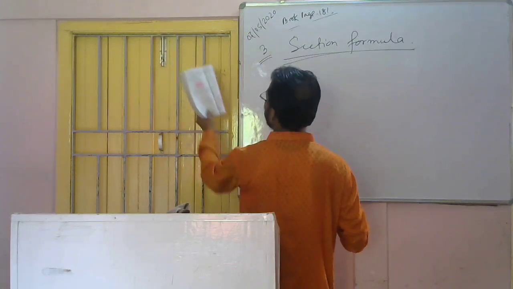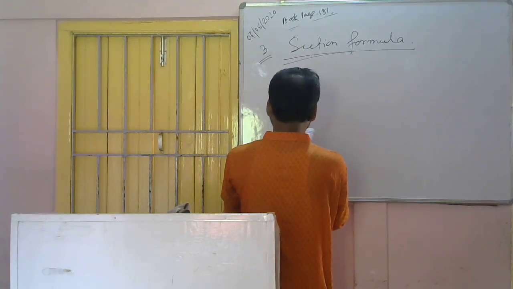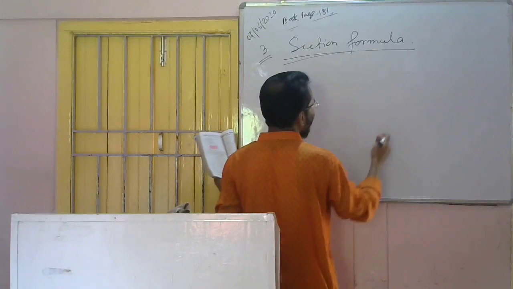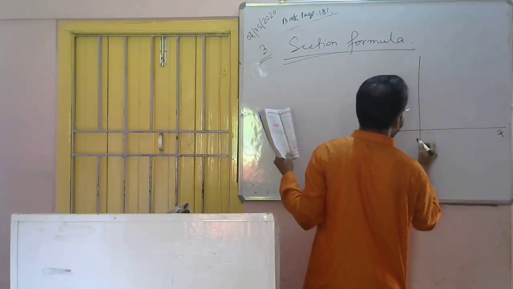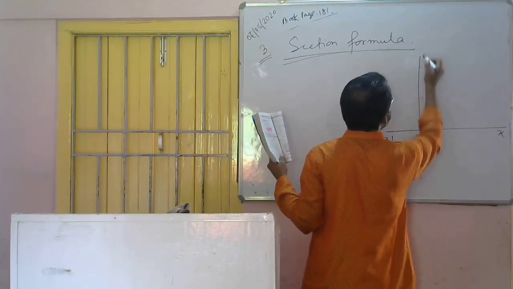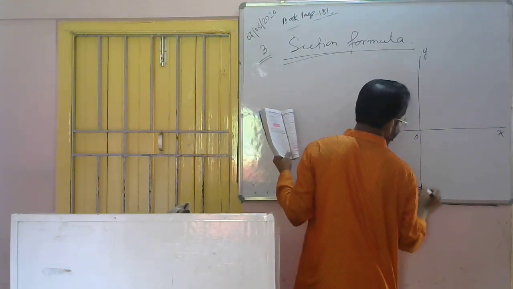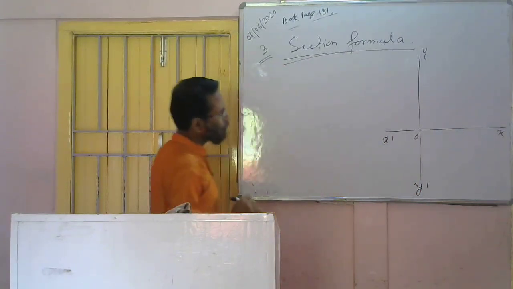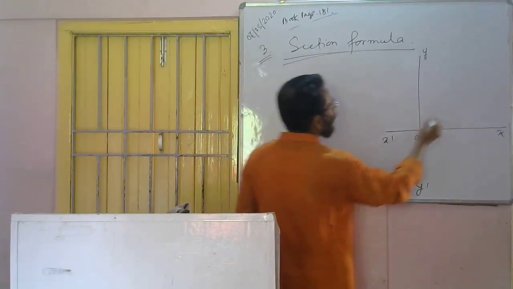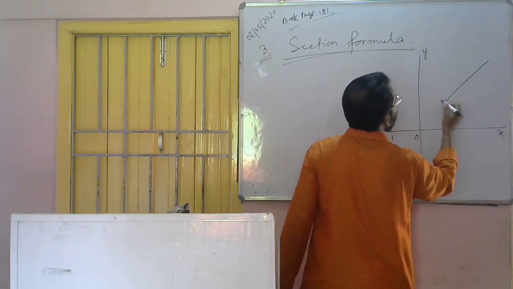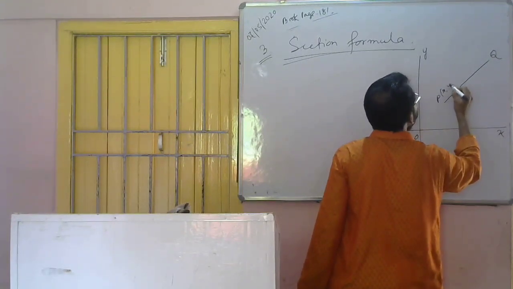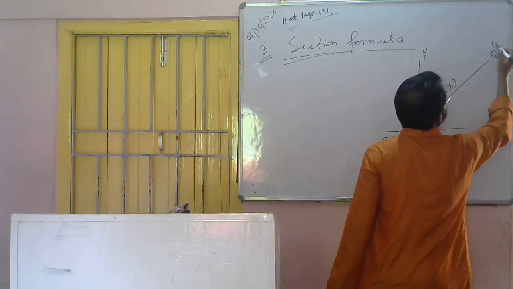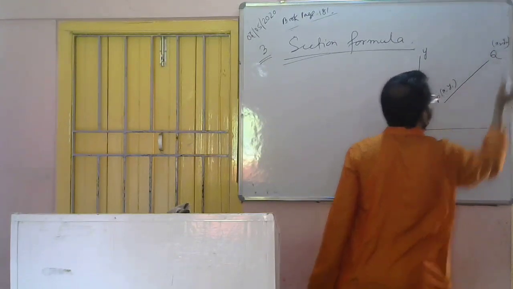So what is the section formula? As we did in the distance formula, this is P and this is Q. This coordinate is x1 y1, this coordinate is x2 y2.